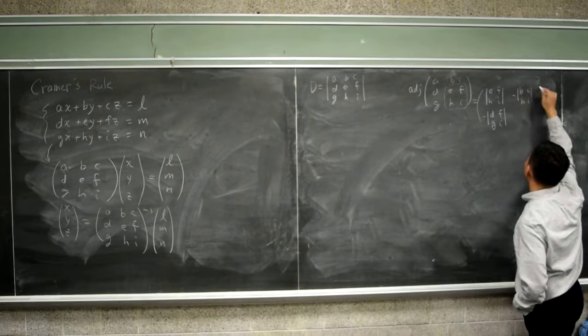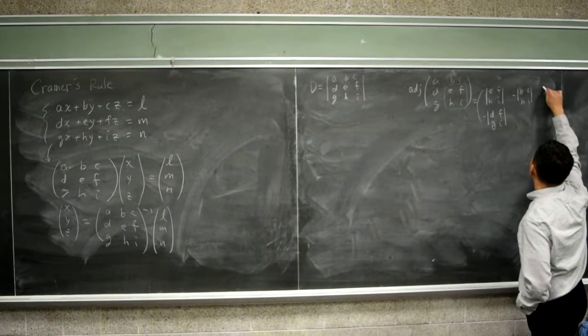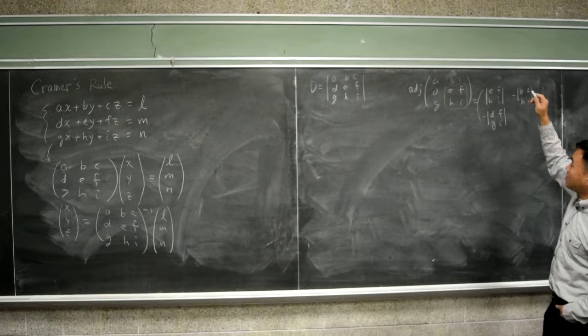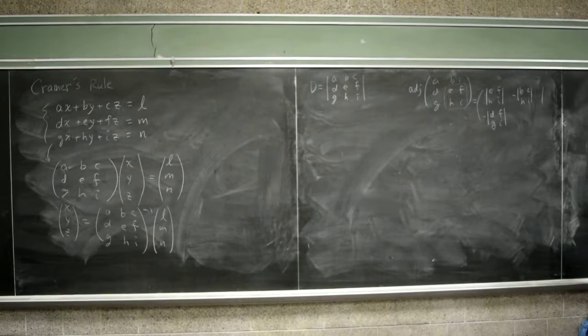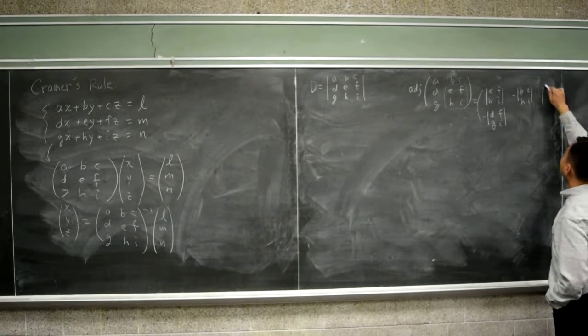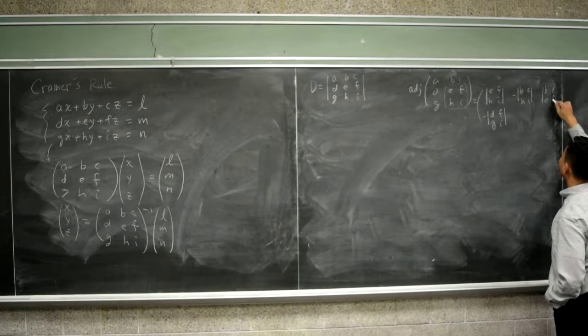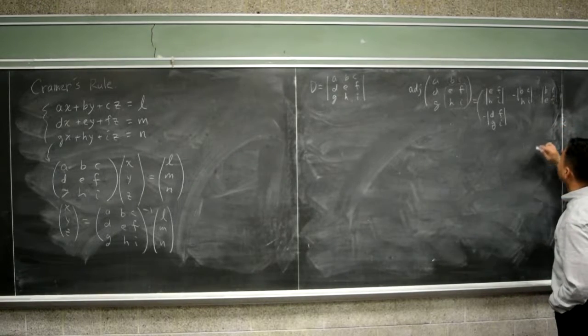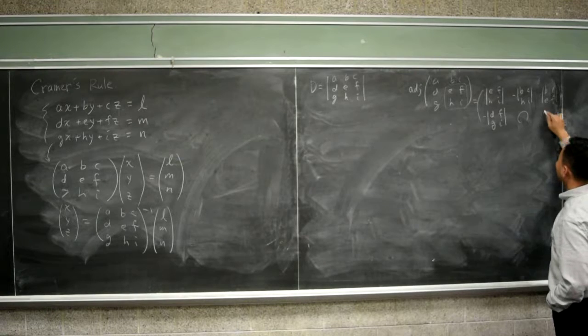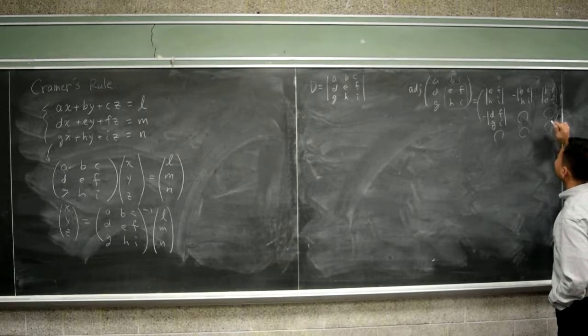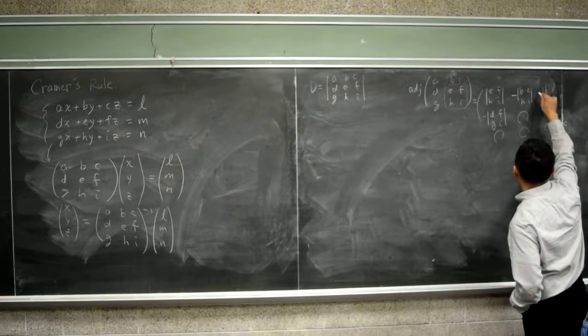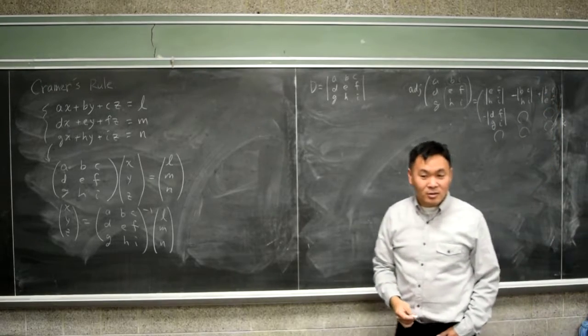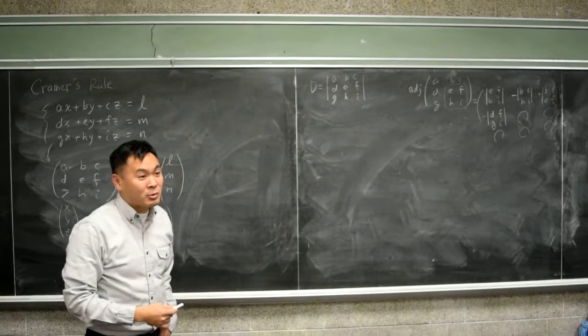Minus, yes. Now what goes here? B, C, E, F. And then some more. I don't even know it right, but definitely this. Do you agree with this so far?